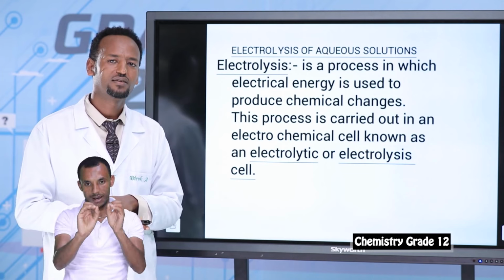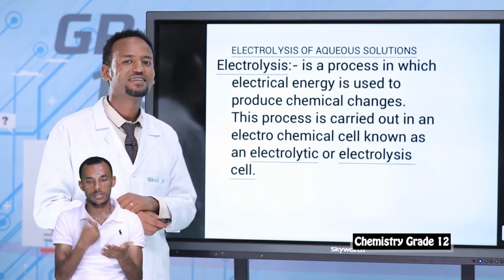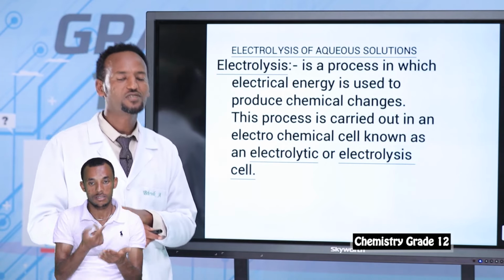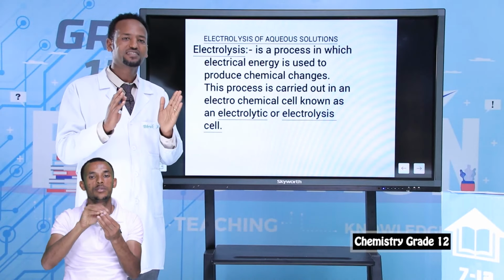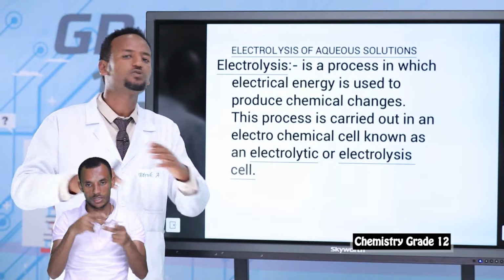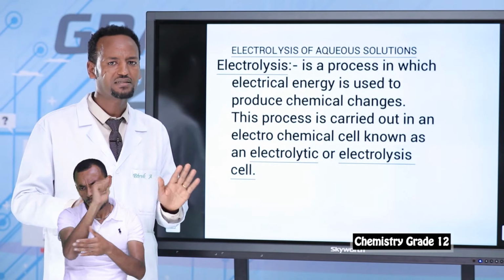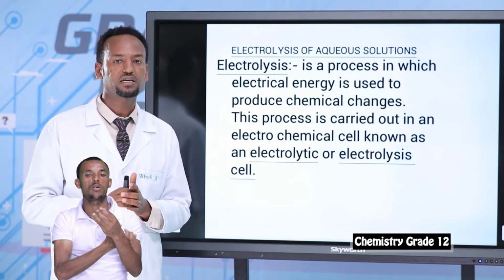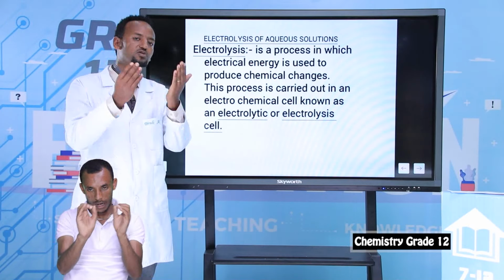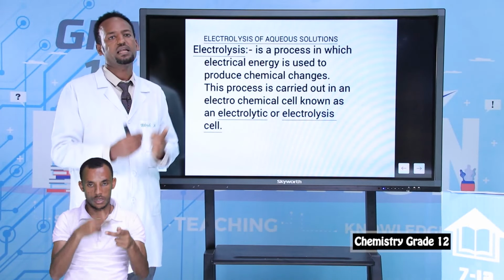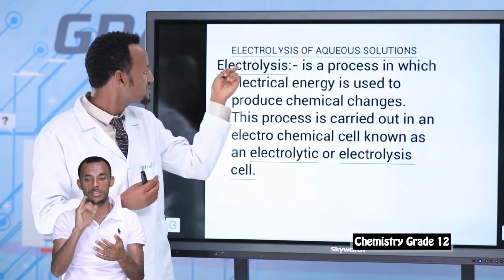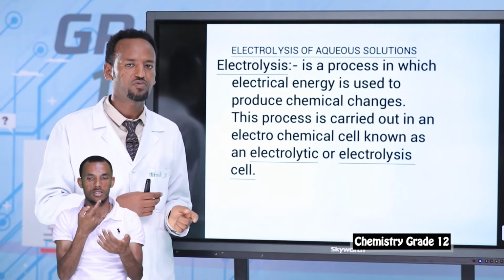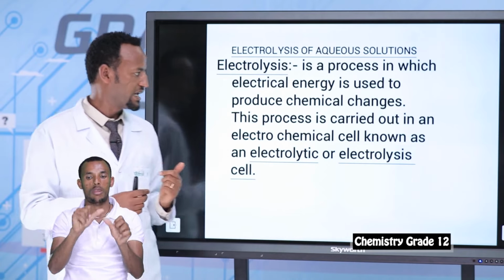This is a non-spontaneous process because it continuously uses electricity. A spontaneous process occurs without any external influence. Once started, the reaction simply continues. Non-spontaneous process means continuously it uses energy.